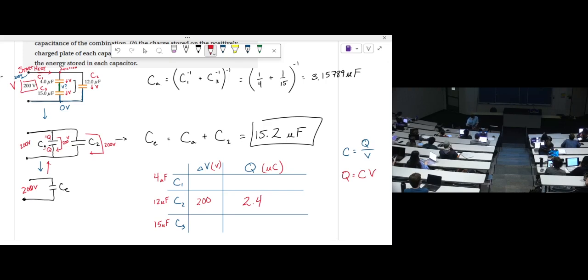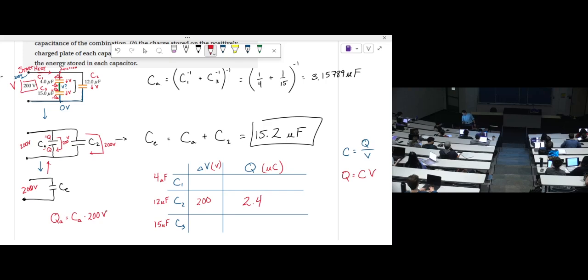And if that charge plus Q exists on this top branch, then that means I've got plus Q sub A here, minus Q sub A here, plus Q sub A here, and minus Q sub A here, because we said capacitors in series have to have the same charge. So I can find the charge, Q sub A, is going to be equal to C sub A times delta V. So that's the 200 volt drop.